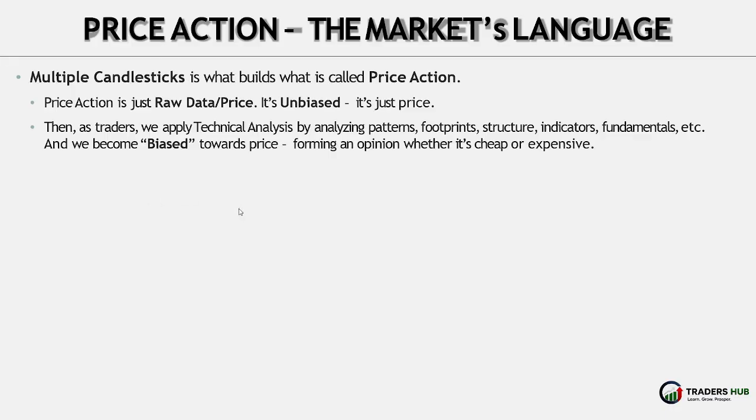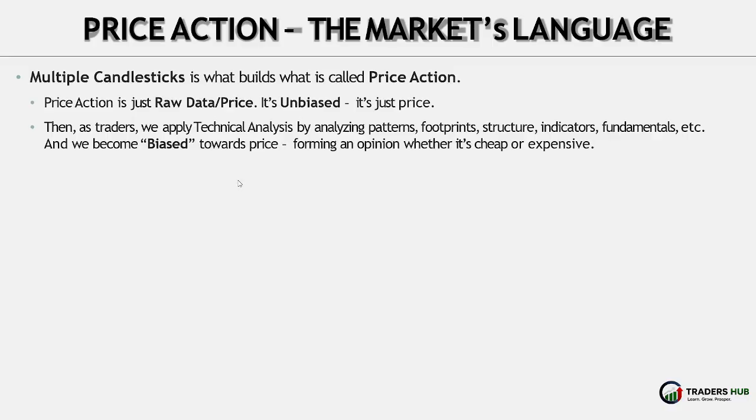If you all remember, we discussed what price action really is and why it is the market's language. Earlier we discussed that multiple candlesticks build what is called price action. Price action is just raw data, it's unbiased, it's just price.